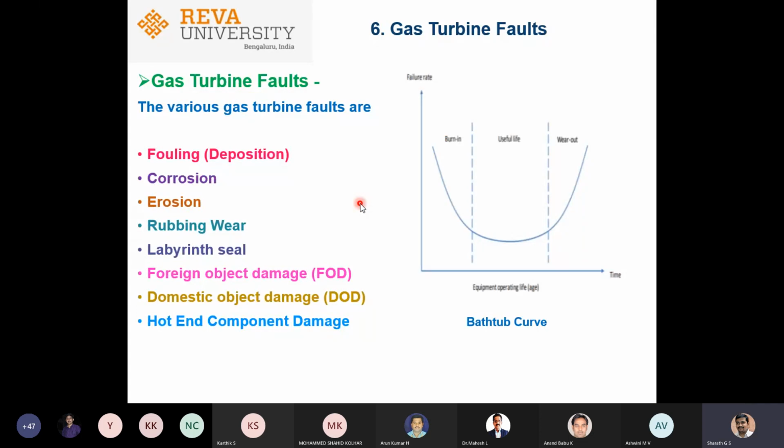Now coming to gas turbine faults. Aero engine deterioration is majorly caused by gas turbine faults. Why? Because gas turbine engines operate on a wider range of operating conditions, a wider range of pressures and temperatures, and in some hostile environmental conditions.